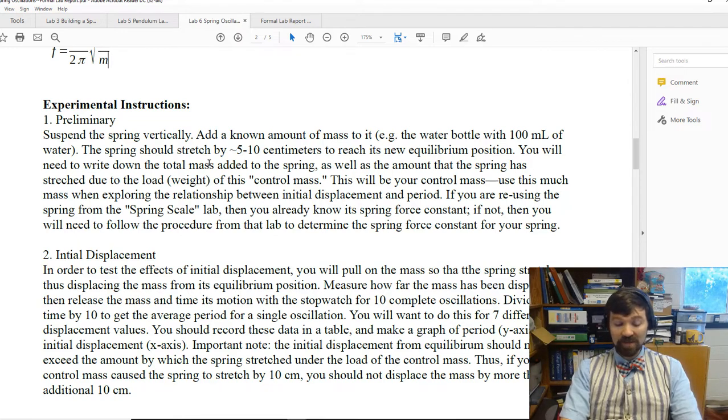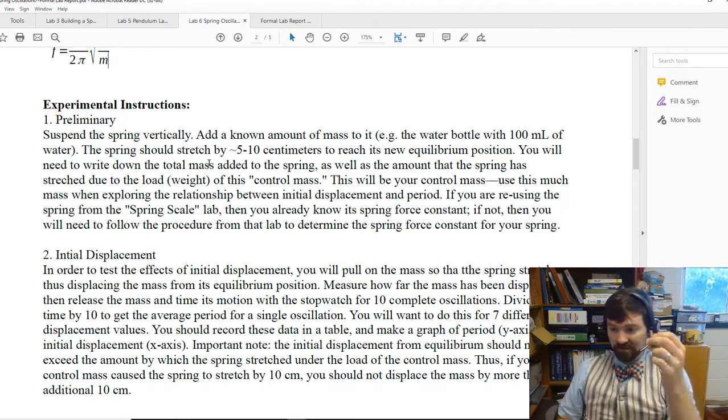And then measure the spring constant for the spring. Parenthetically, you can say we did this in a previous lab. And then step-by-step instructions. Okay, I've hung this much mass from this spring, and then I displace it by 2 centimeters or whatever.